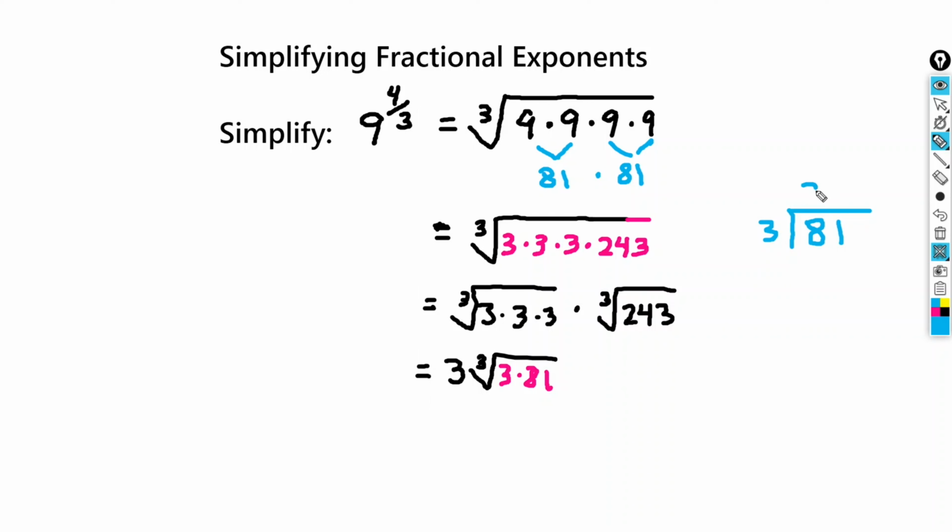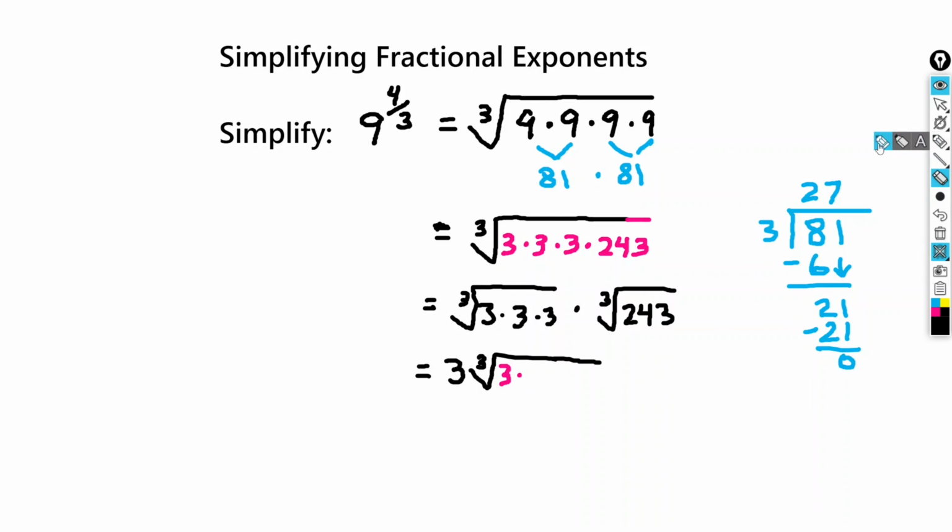So 3 goes into 8 twice. 2 times 3 is 6. 8 minus 6 is 2. Bring down the 1, get 21. 3 goes into 21 evenly 7 times. So 7 times 3 is 21. Remainder is 0. Okay, so we can start to break this down even further here.